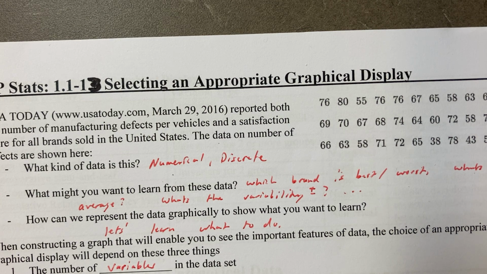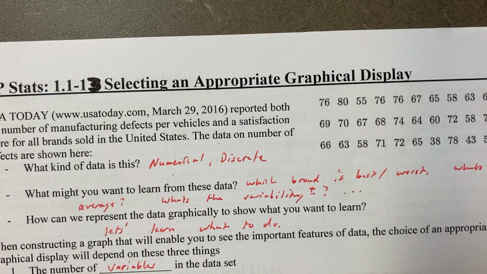You can find an average of the number of defects. Another type of data is categorical. Categorical, you cannot find the average of. For example, the color of car. There's no such thing as an average color of car. But you could do like, how many red cars are there? How many black cars are there? Those would be categories.